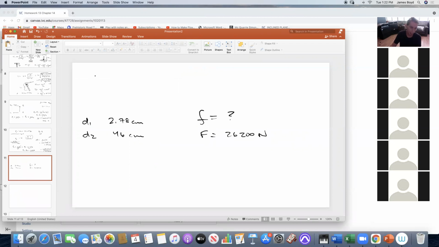Now, our area, little a, little f is equal to big, nope. We're doing pascals. Pressure. Pressure on one side is equal to pressure on the other. Big F, big A. Now, each of these we're assuming is round, so little a is pi times d1 over 2 squared in meters. Big A is pi times d2 over 2 squared. Radius of a circle is pi r squared.